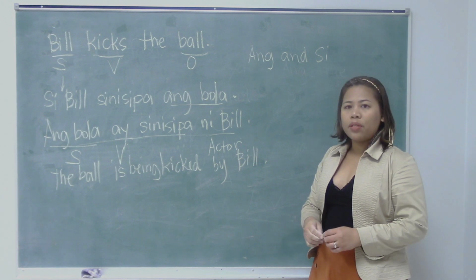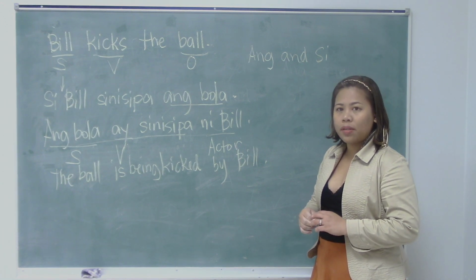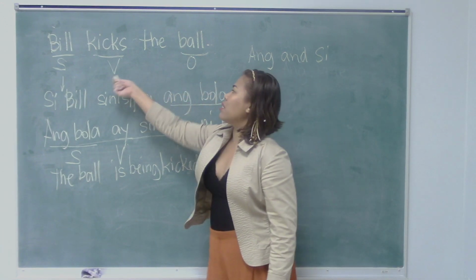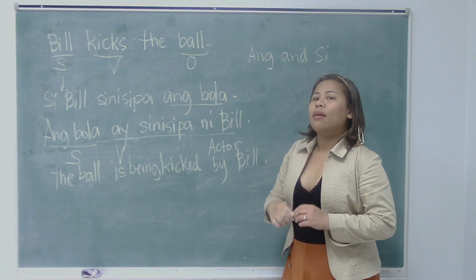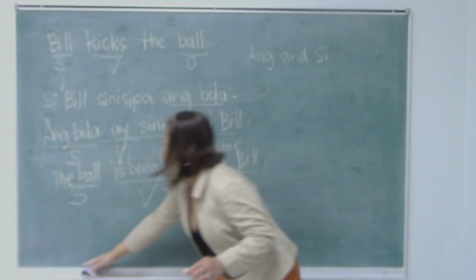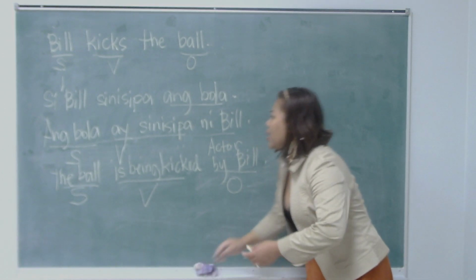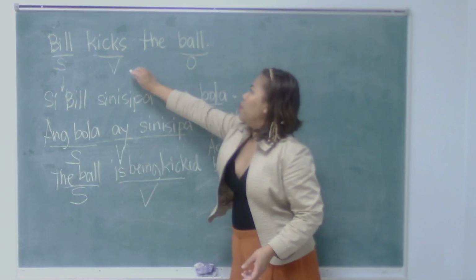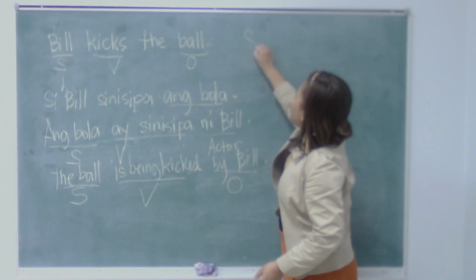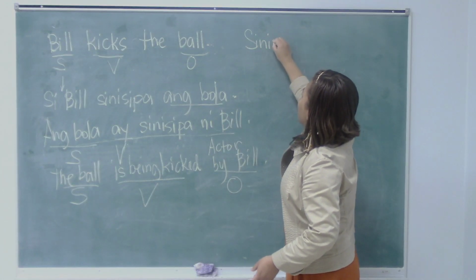Now, how are we going to convert this one into conversational Filipino? Not in SVO pattern, but in VSO. So I'm going to write it here. Then I will start with the verb. So, sinisipa, it's still in present tense.